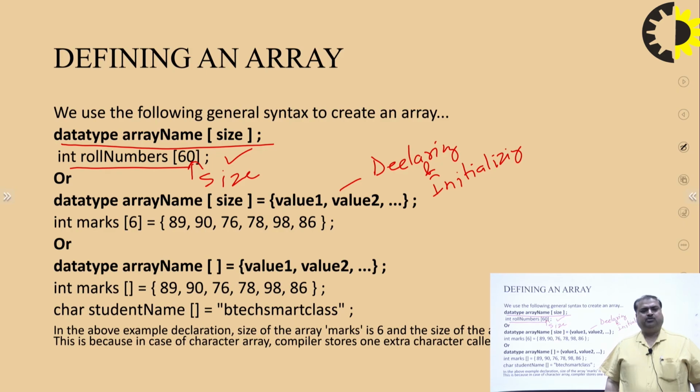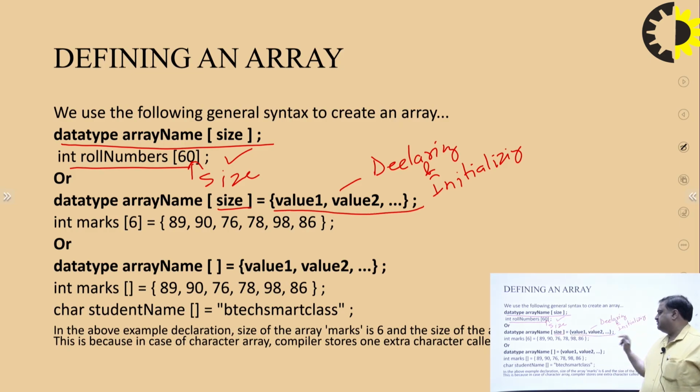But if I want to declare as well as initialize at the same time, in that situation we can use curly braces, and the values are separated by commas. The first value will be assigned to the 0th subscript, the next value will be assigned to the 1st subscript, and so on.